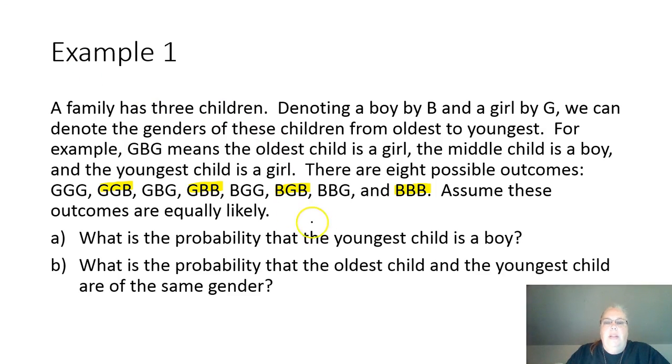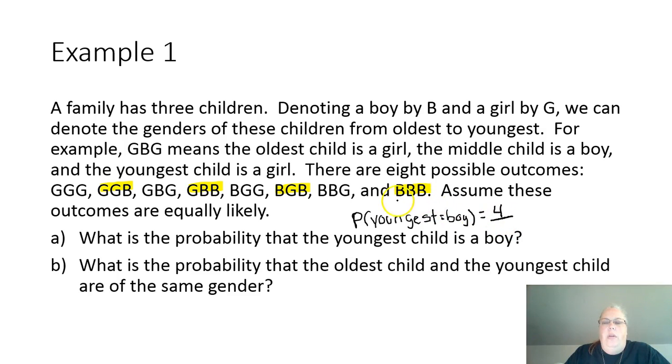So the probability that the youngest is a boy is the number of my outcomes that have a boy in the 3rd position, there are 4 of them, divided by the number of items in my sample space.